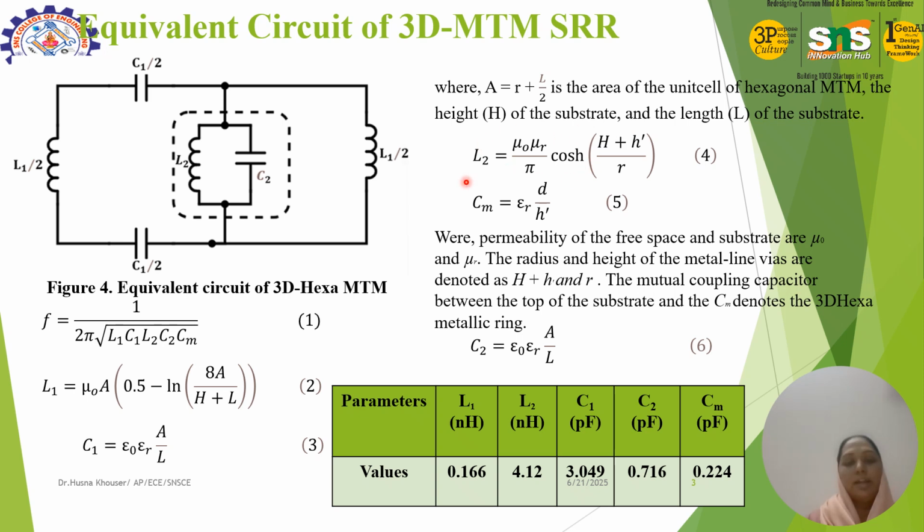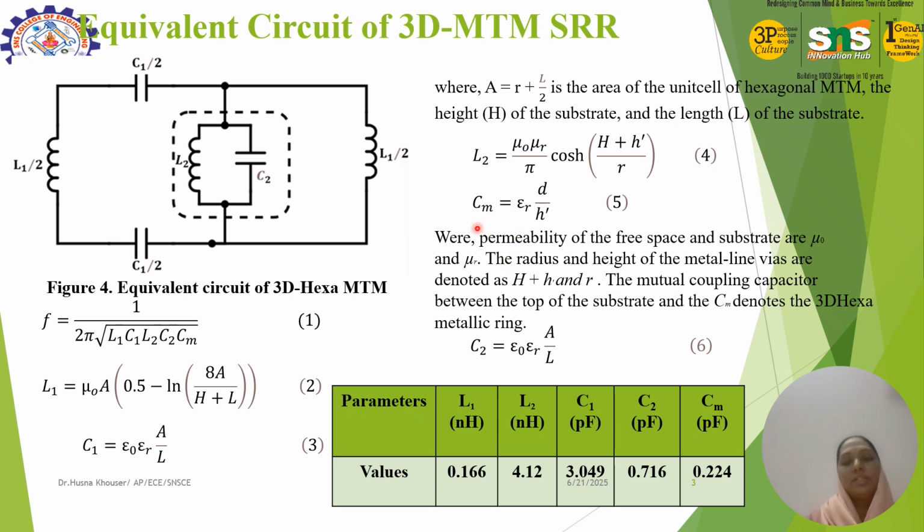L2 is calculated based on mu naught mu R by pi into cosh of h, where h is the height of the substrate and h dash is the height of the air gap between the top of the substrate and the hexagonal ring, divided by the radius of the structure. Cm is what we call the coupling gap capacitance.